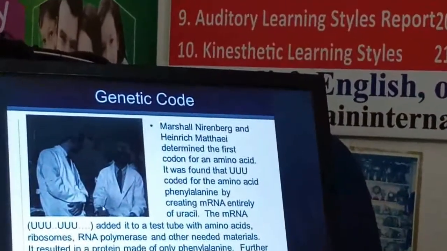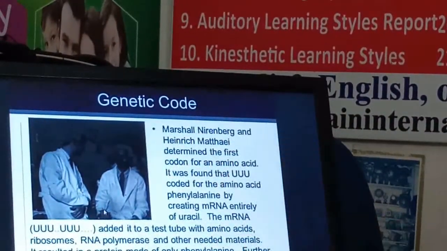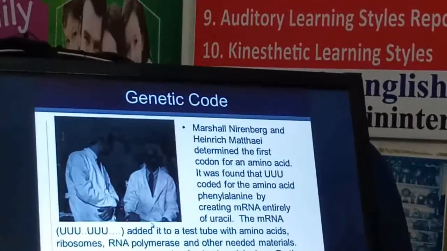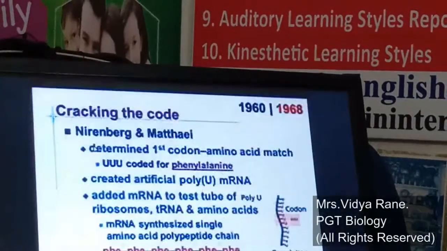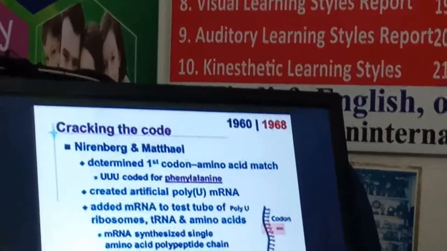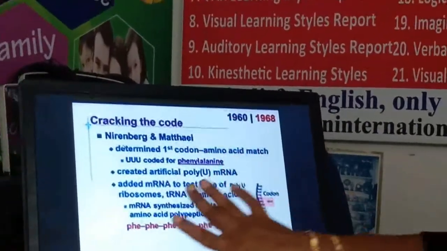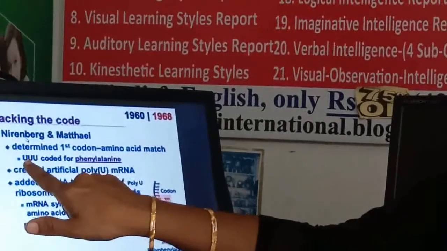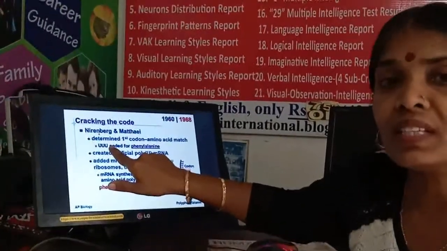After George, Marshall Nirenberg and others, the scientists who worked a lot to find the codons for different types of amino acids, took only one type of nucleotide, that is uracil.